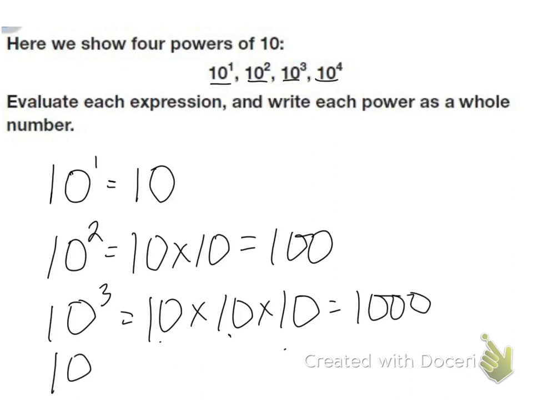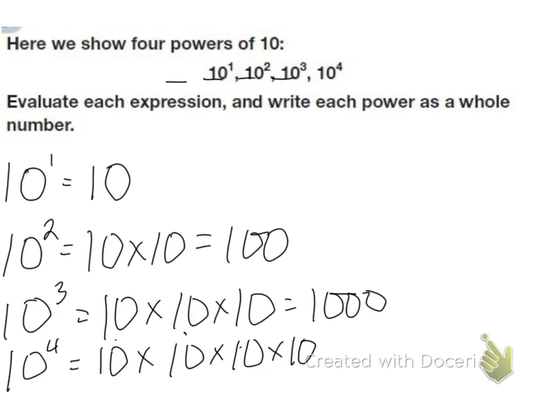And then 10 to the fourth power equals 10 times 10 times 10 times 10, and that equals 10,000. Now, if you notice, there's a pattern here. When we are dealing with powers of 10, the power tells us how many zeros there are. 10 to the first power is just 10. 10 to the second power is 1 with 2 zeros, then 3 zeros, and 4 zeros.